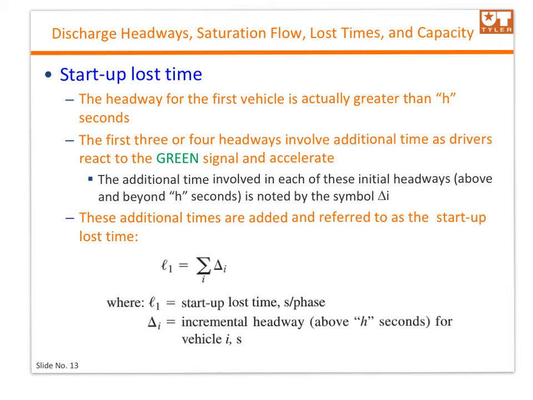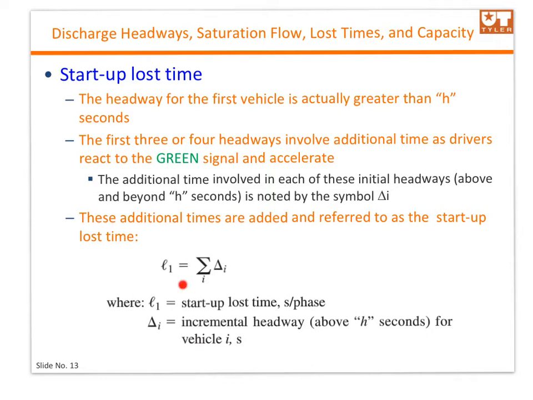So the additional time involved in each of these initial headways, which are beyond the typical H or the saturated headway, is noted by the symbol delta I. Delta I is simply the incremental headway for vehicle I. So these additional times have to be added and referred to as the startup lost time.